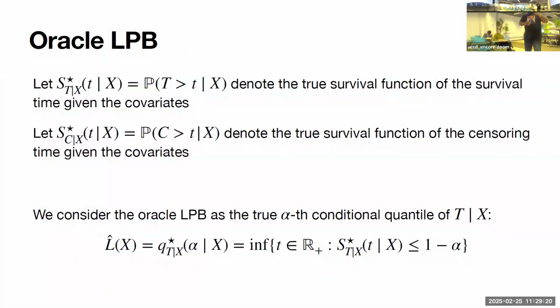All right. So I'm going to now go back and say, okay, well, let's first articulate what an oracle would do. If they, in fact, could do what I just described earlier, that is, effectively estimate the distribution of T given X. So what would they do? I'm going to need two objects.